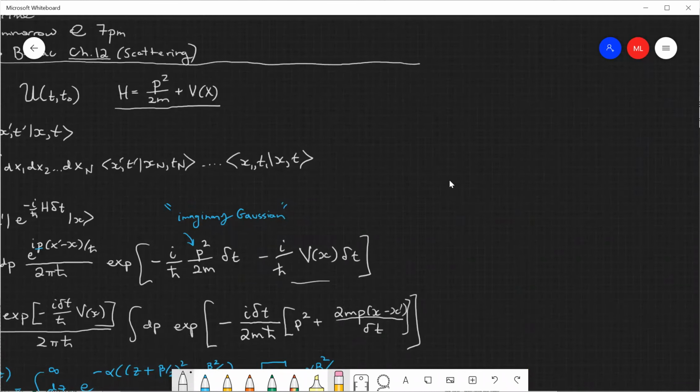So we're going to now use our result and put in all of the explicit values of the infinitesimal propagators. So you get a bunch of integrals from 1 to n over the intermediate coordinates. Now, of course, for each of those, you get this prefactor out front.